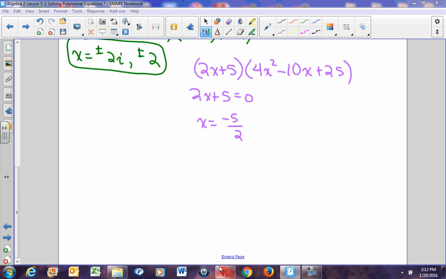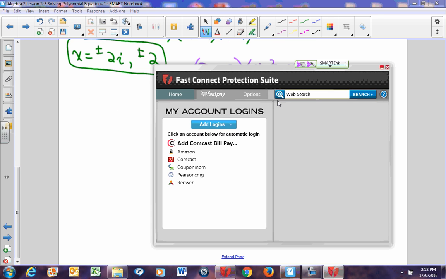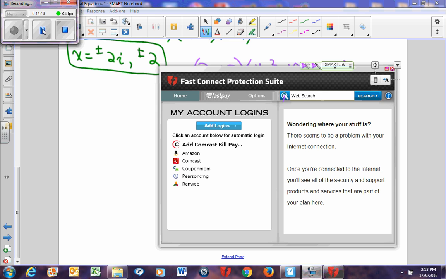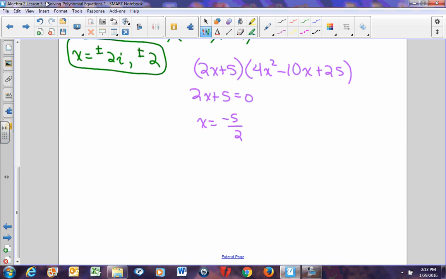So we'll take this 4x squared minus 10x plus 25. Our a term here is 4, b is negative 10, and c is 25.